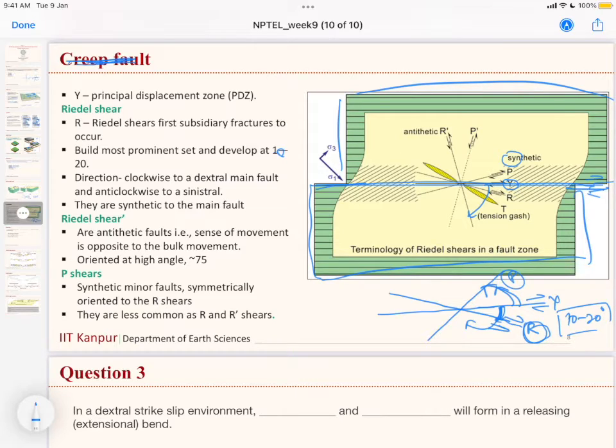So here it is around 10 to 20 degree, then we have to subtract it from 90 degree, so it will come around 75 degree. So its orientation is at a high angle, that is around 75 degree. I think the concept is clear.